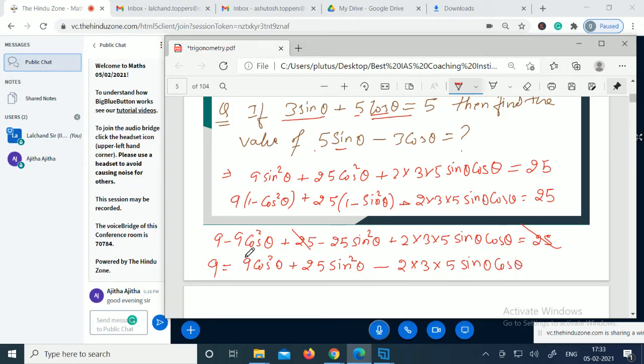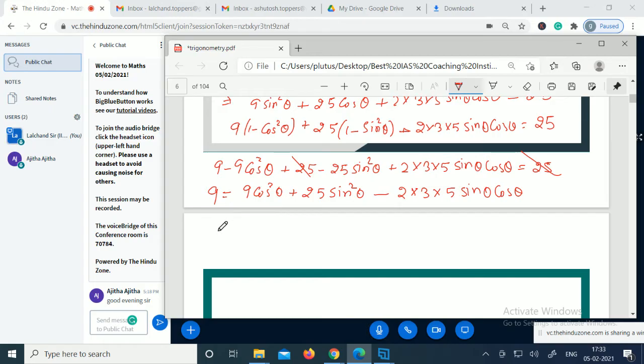Now tell me, this is also a whole square, a square plus b square minus 2ab. So I can write 9 equal to (3 cos theta minus 5 sine theta) whole square.